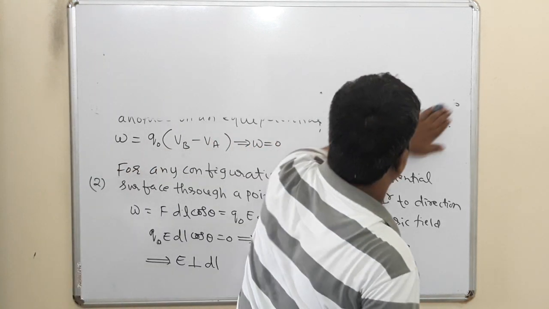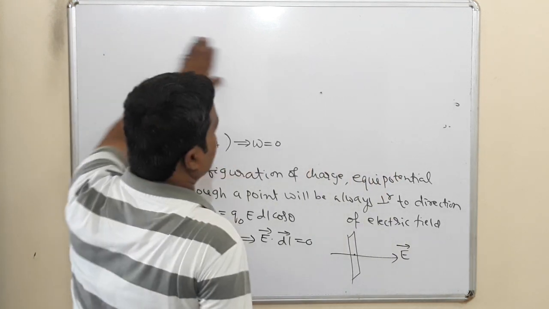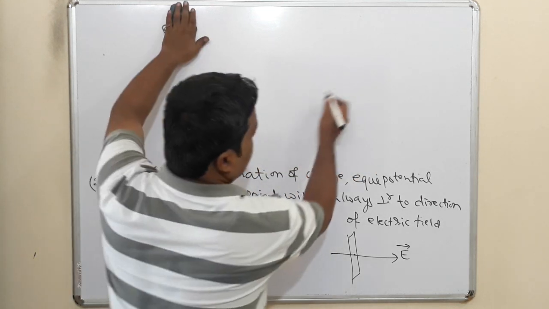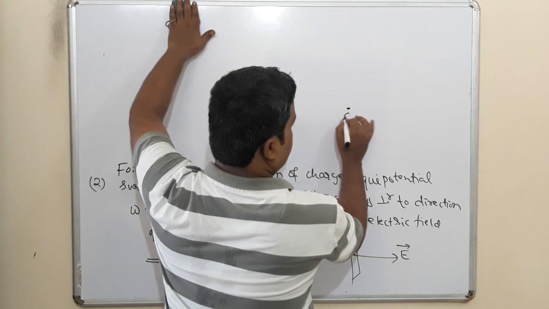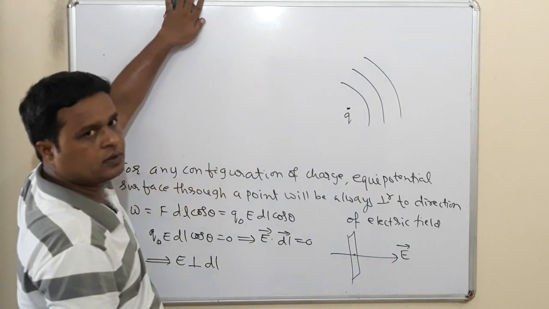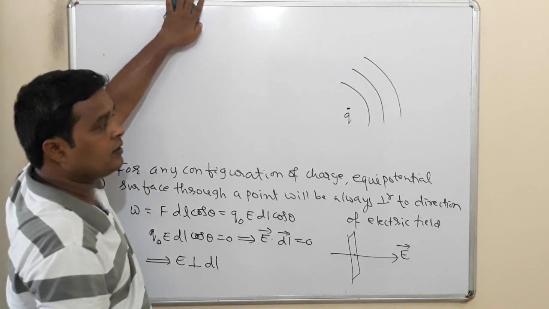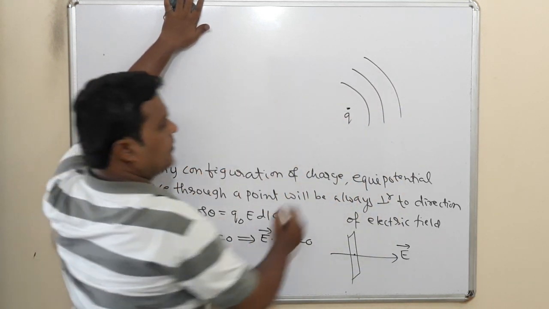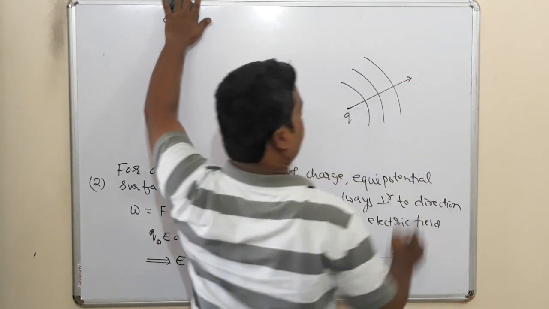Or if we have the equipotential surfaces for a given configuration of charge, suppose this is a point charge and these are equipotential surfaces, how do we draw the field? We know that the field is perpendicular to the equipotential surface, so this should be the direction of the field.